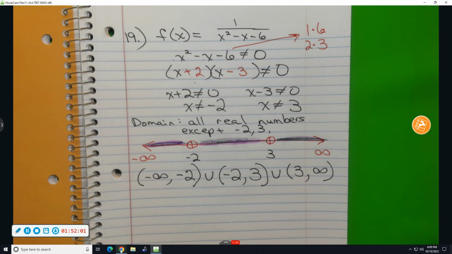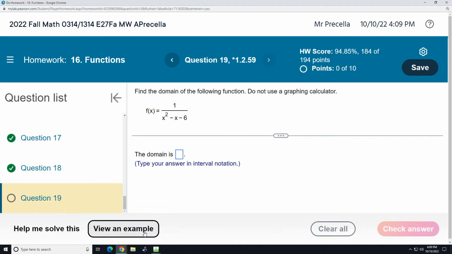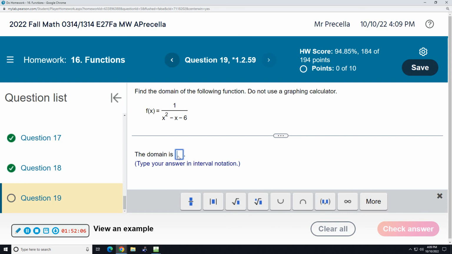I'm going to start typing it in. Parentheses, negative infinity, comma, -2, close parentheses, union, parentheses, -2, comma, 3, union, 3, comma, infinity, close parentheses, check answer.